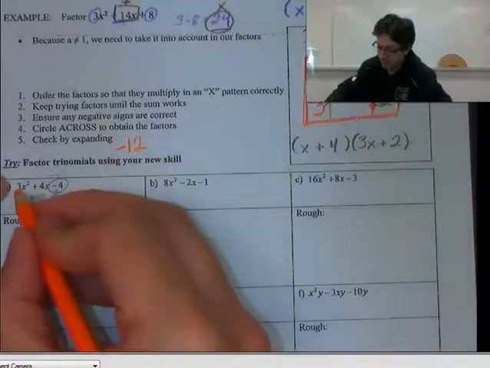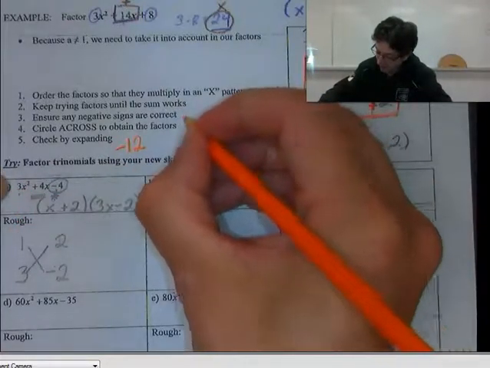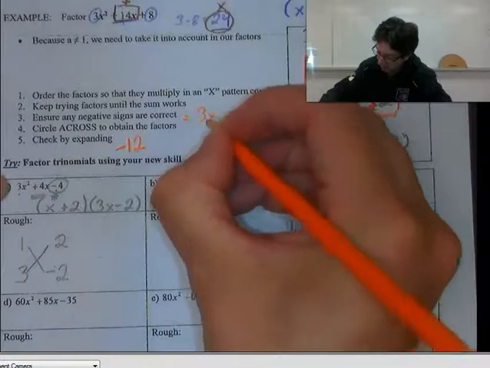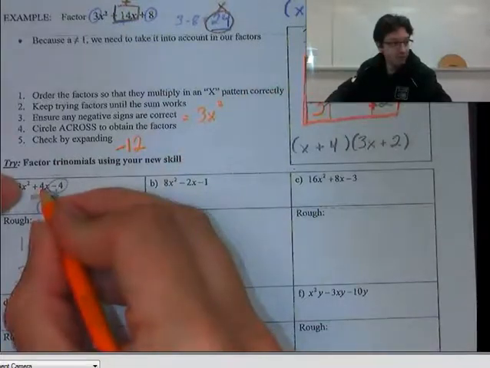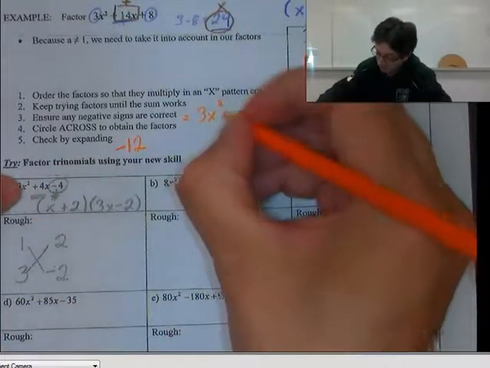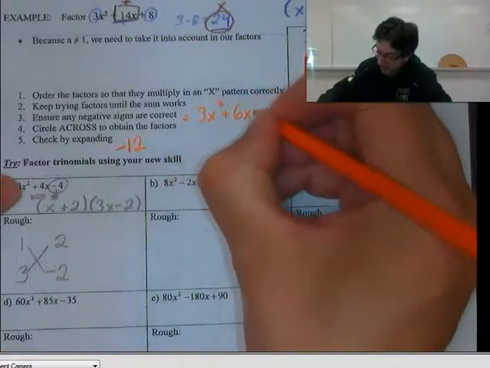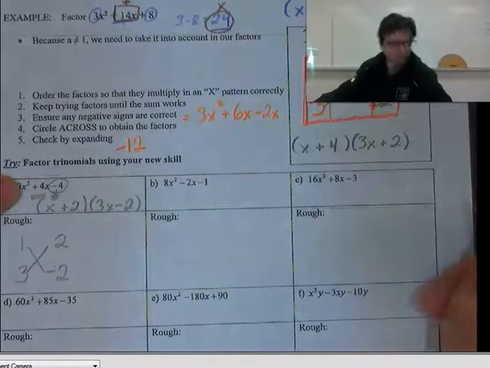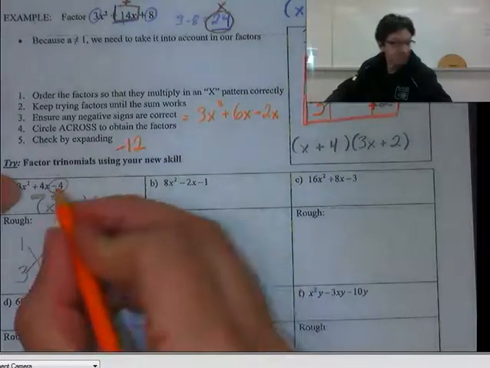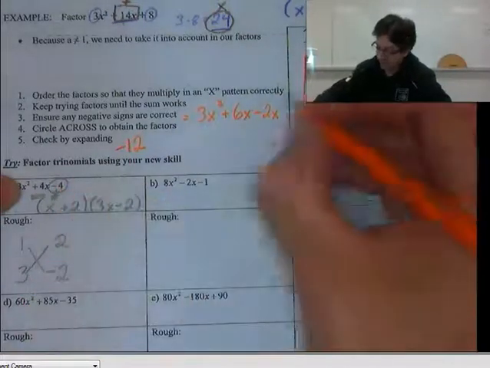Alright, so let's rewrite this. Here I have the 3x squared. The positive 4 I'm going to change into plus 6 and negative 2. And then I still have this negative 4, our c coefficient at the end.